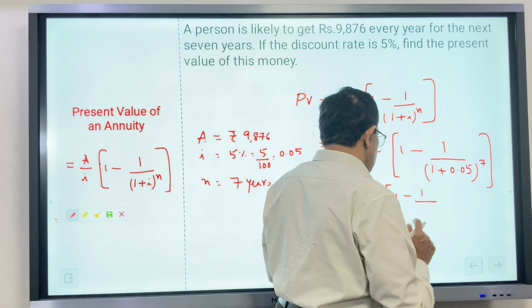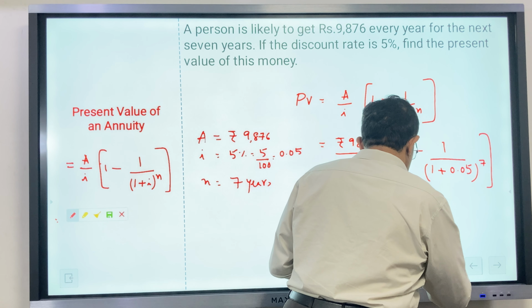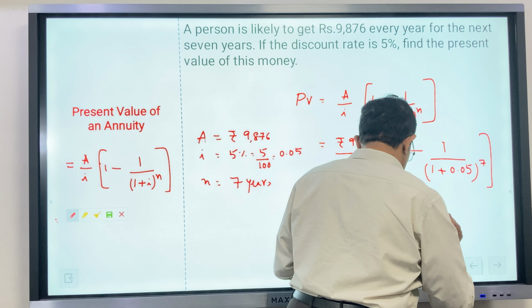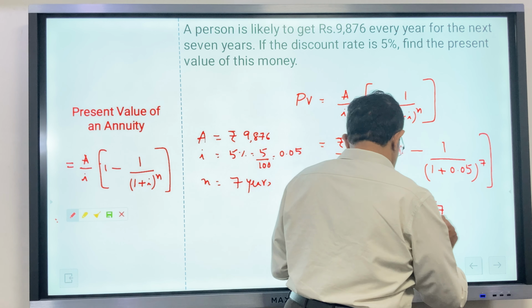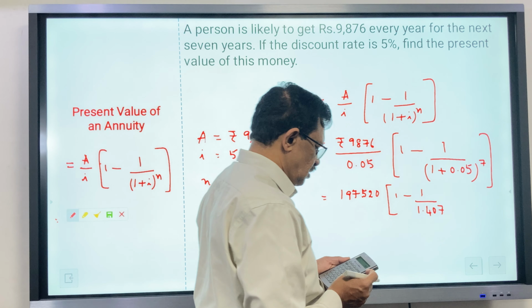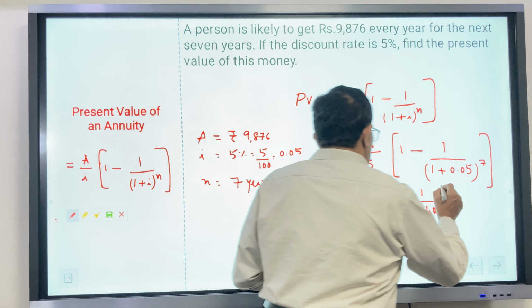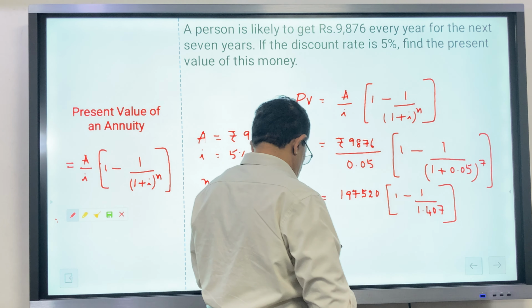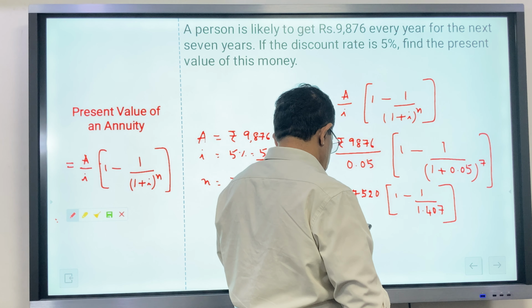So this is going to give you 1.407. Then this is going to be 1 divided by that.